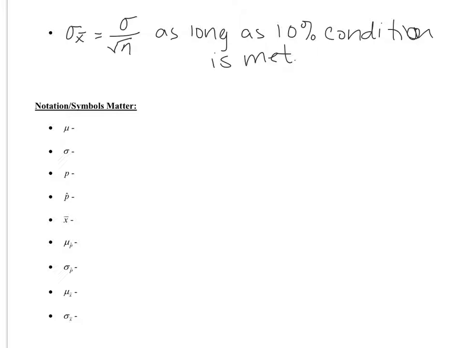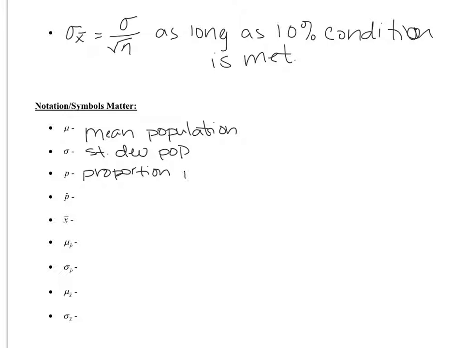So, notations, just kind of going over these again, make sure that we understand. Remember that this is the mean of the population. This is the standard deviation of the population. P is equal to the proportion of the population.